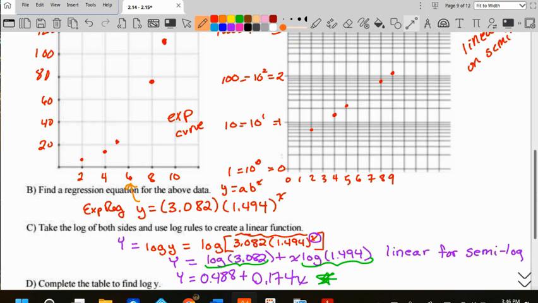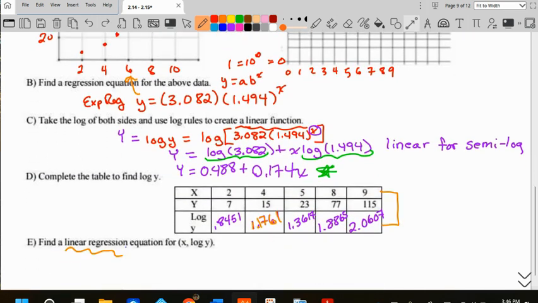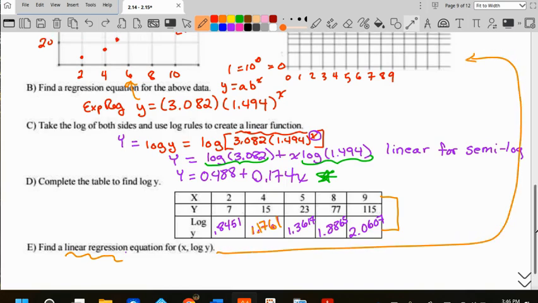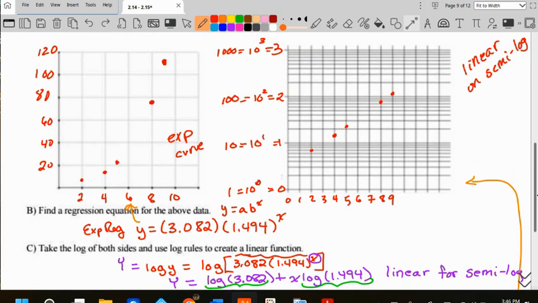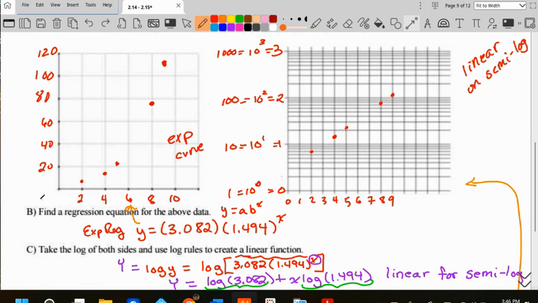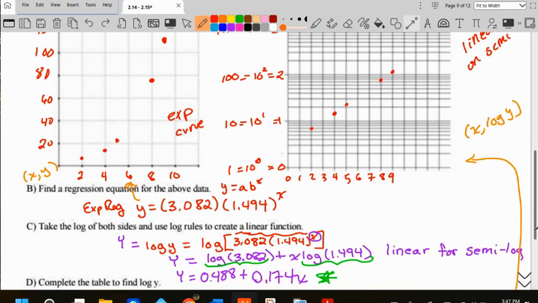And now we're going to do a linear regression for x, log y, which is what we graph on the semi-log plot. On the semi-log plot, we graph x with the log of y, as opposed to x, y. So this is x, y, and this is x, log y. Okay, all right, so let's get that linear regression.